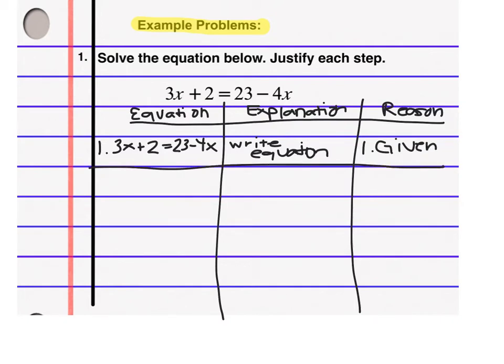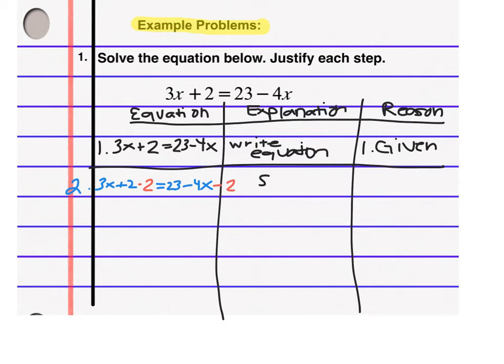Okay, then think, what might be the first thing you do to solve this equation? So maybe you would subtract 2. Maybe not, but let's just go with that. So I'm going to say 3x plus 2 minus 2 equals 23 minus 4x minus 2, because whatever I do to one side of the equation, I do to the other.